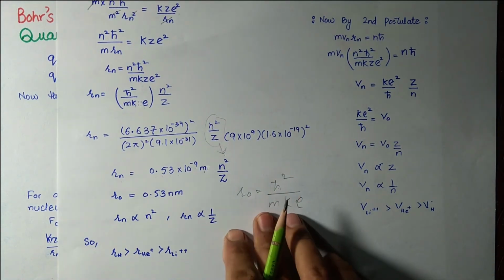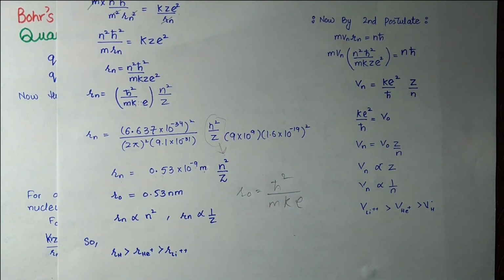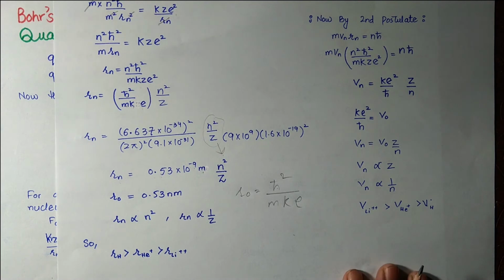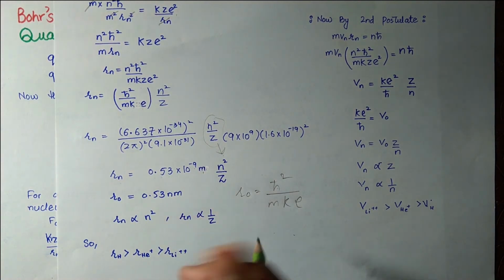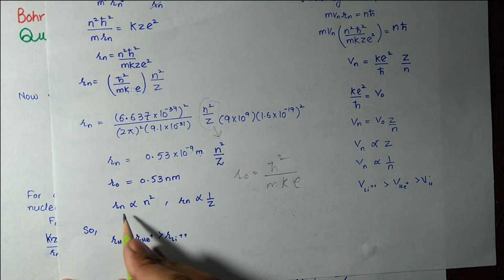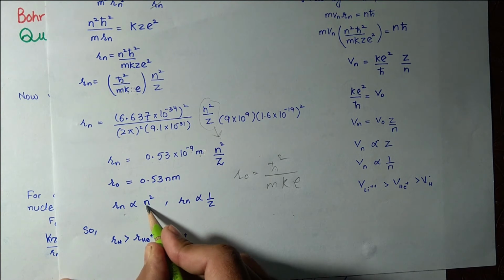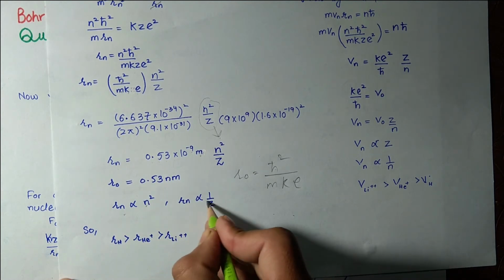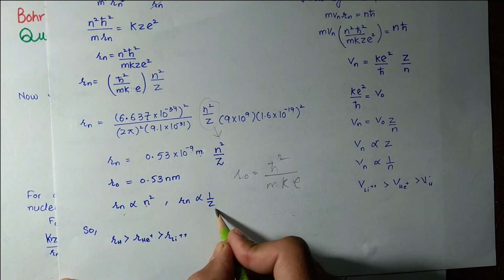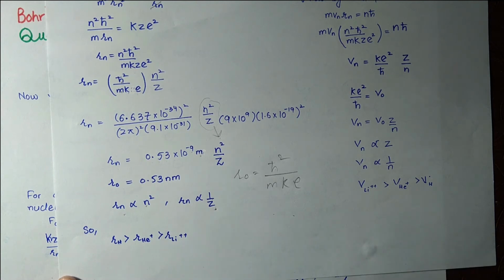So this is R0, and this is also called the Bohr radius. From this equation, we have seen that Rn is directly proportional to n square, and Rn is inversely proportional to Z, the number of protons.